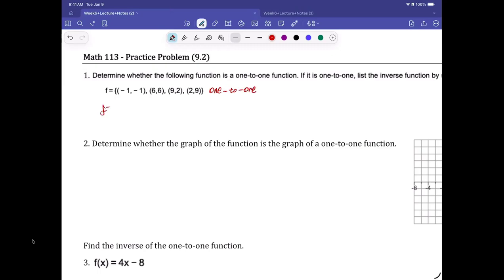And then now you can find the inverse. Flip it: 2, 9, and then 9, 2. Like that. If it's not one-to-one, then there'll be no inverse. So make sure.